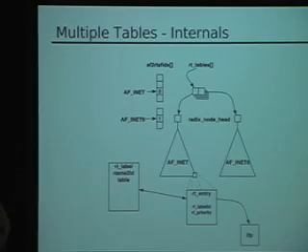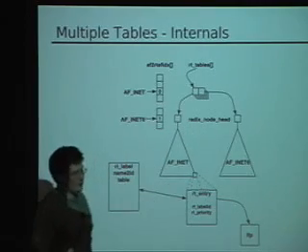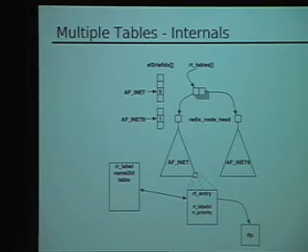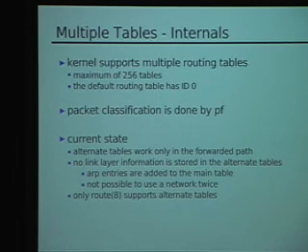Multiple routing tables: the idea is that we not only have one path node here, but an array of them. So we suddenly have multiple routing tables that are all different and can have different information inside them. The kernel now supports multiple routing tables.